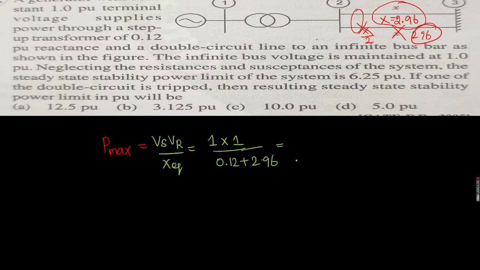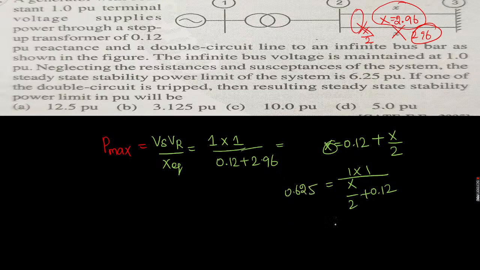Reactance, case number 1: transmission line is 0.12 plus the double circuit line, which is X by 2, right? So X by 2 plus 0.12, 1 into 1, they told it is 0.625. From this, what we have done is X by 2 plus 0.12 equal to 1 divided by 0.625. So I think I made some mistake.